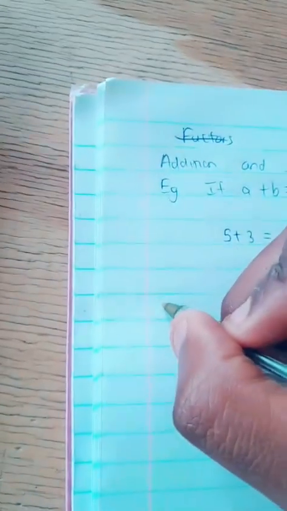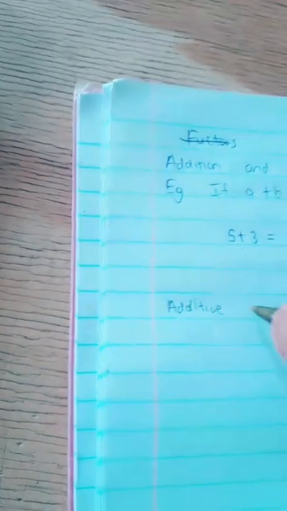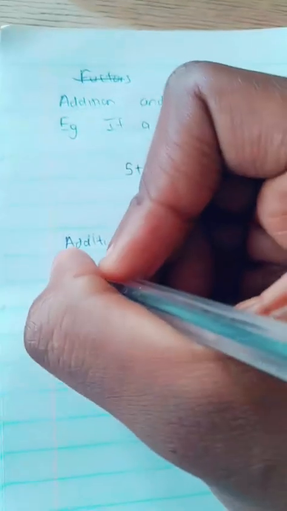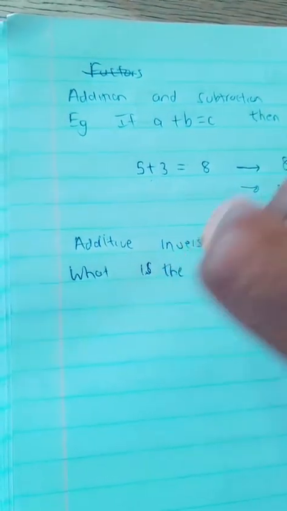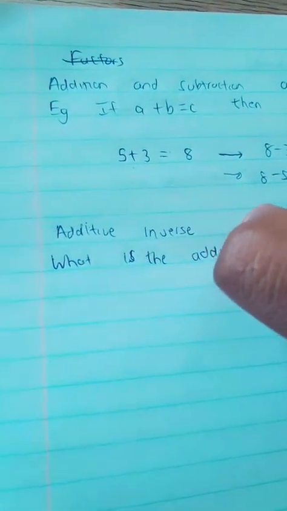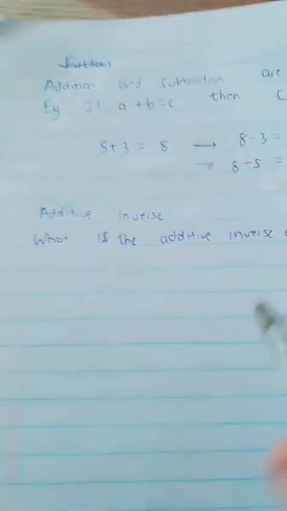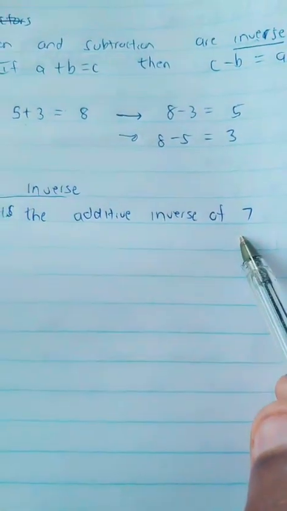Also, there's this thing of additive inverse. For instance, I come to you and I say, what is the additive inverse of 7?